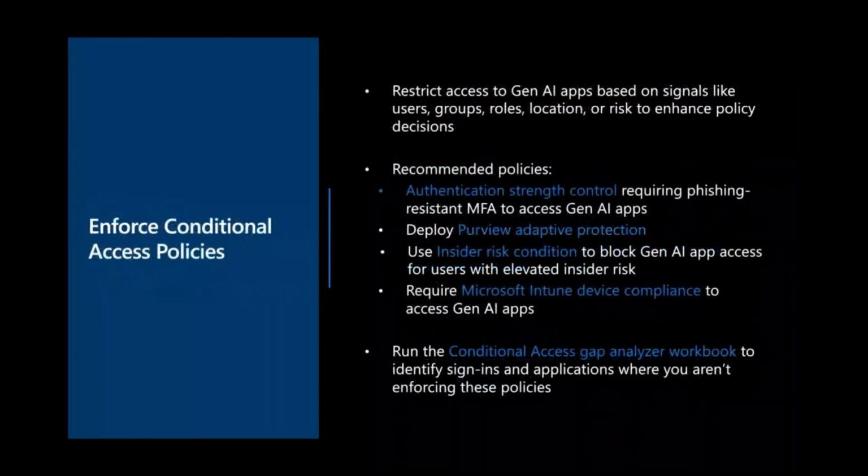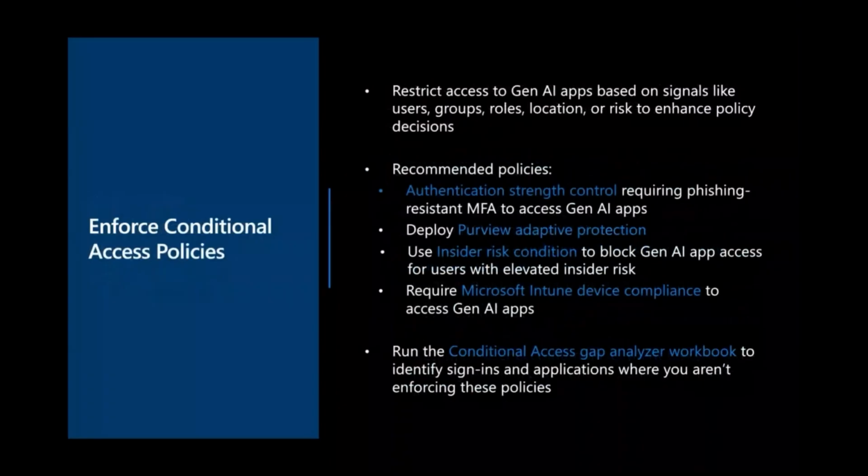Additionally, we have conditional access, which has definitely a lot of rich policies, specifically configured around being able to restrict access to Gen AI apps. And it's based on signals like users, groups, user risk, and all of those things, right?